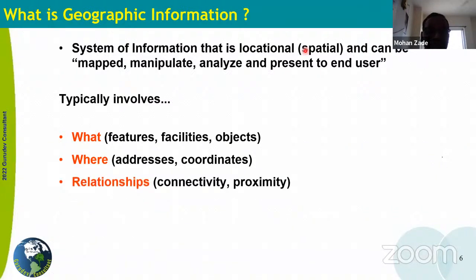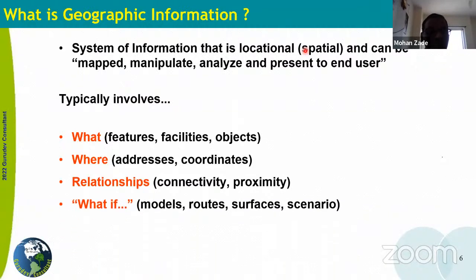Then it becomes about relationship, connectivity and proximity. If there is a big stadium, then you must be seeing a circular shape, which shows the connectivity and proximity. Using proximity and connectivity, you can define the relationship of those things.